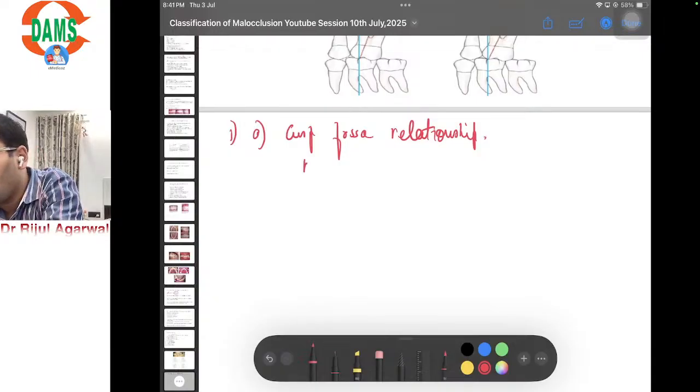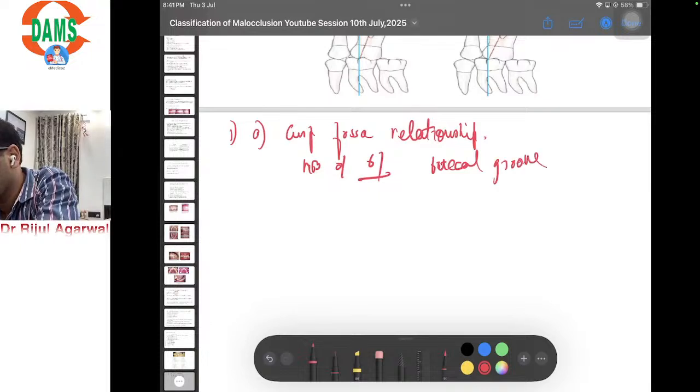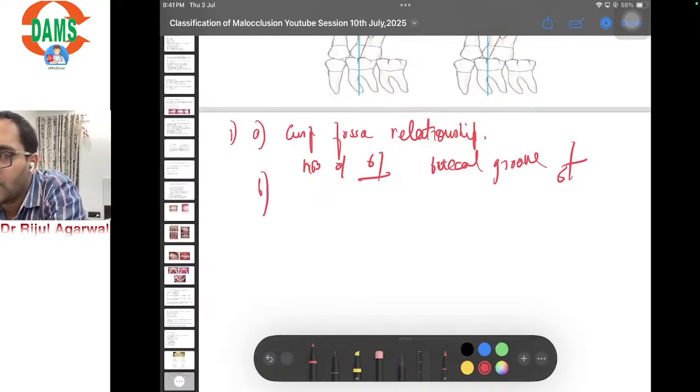According to him, the mesiobuccal cusp of the permanent upper first molar should fall in the buccal groove of the lower mandibular molar. The first feature was cusp fossa, very easy to understand.